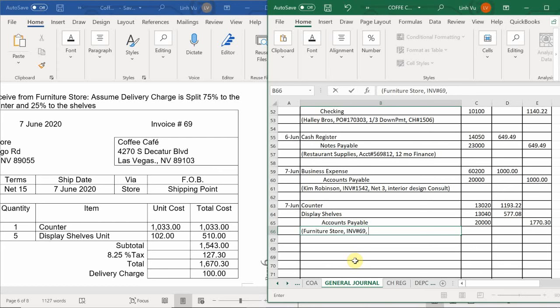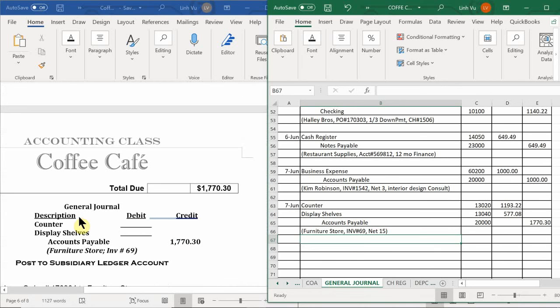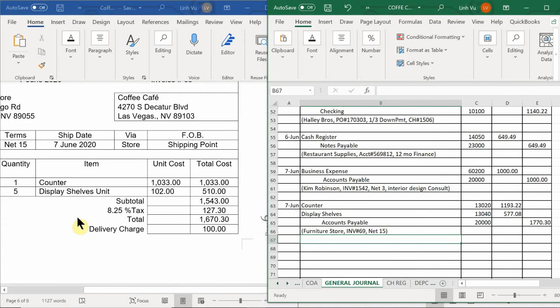And I have net 15 to pay. I think that should be good enough. If you want to add any information such as how you split the cost, it's up to you. If you want to say 75% of shipping went to the counter and 25% went to the display shelves, it doesn't matter.